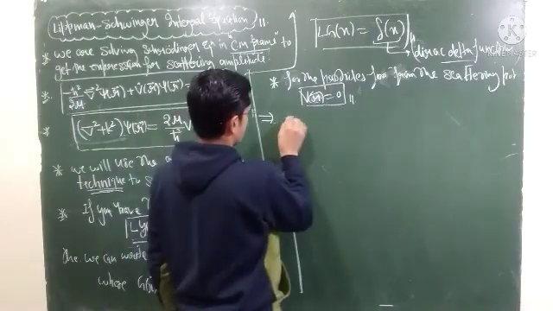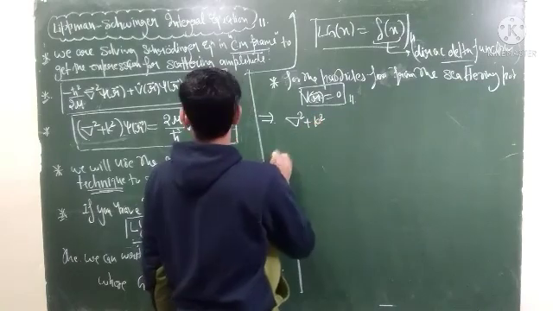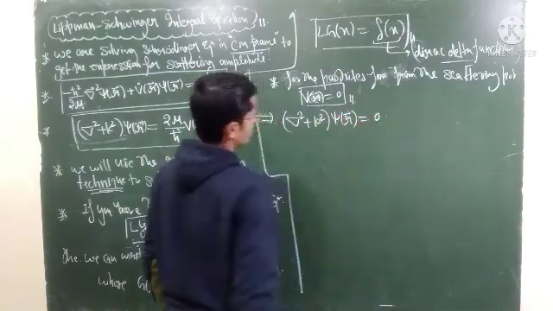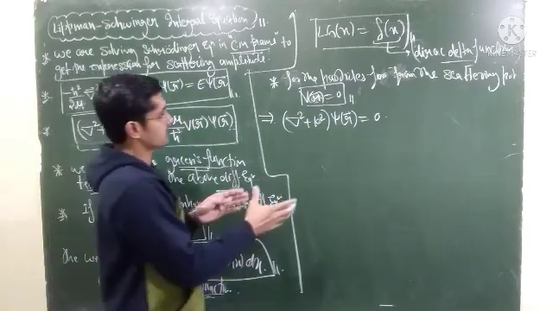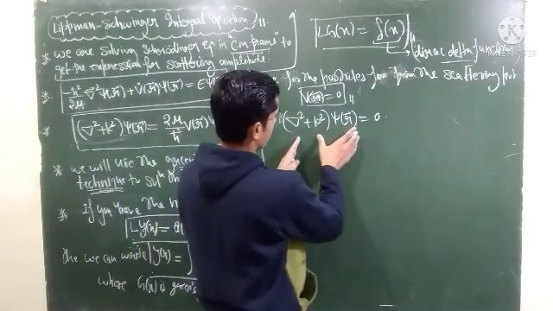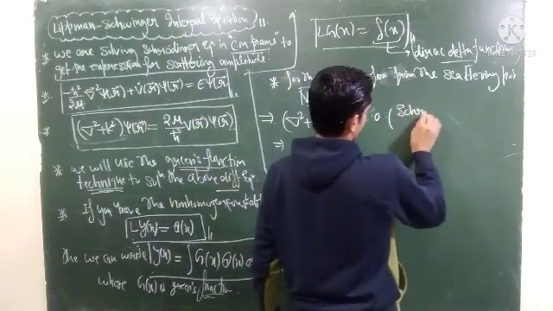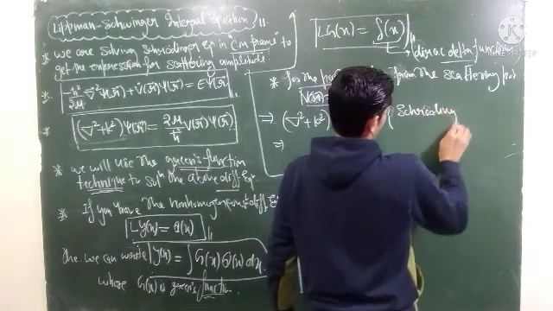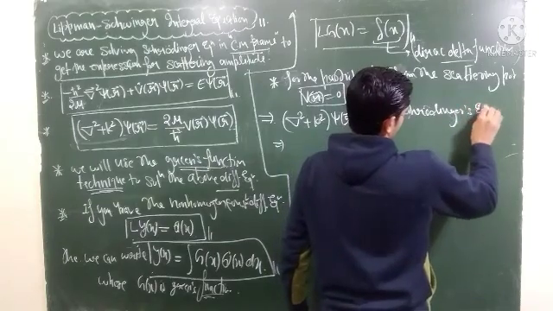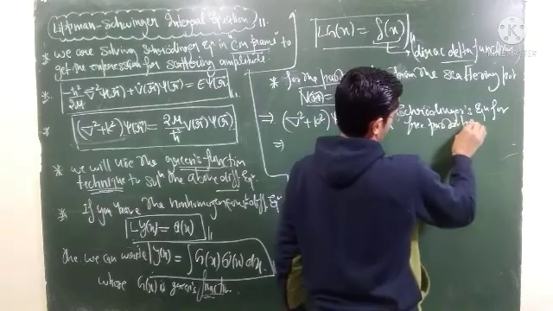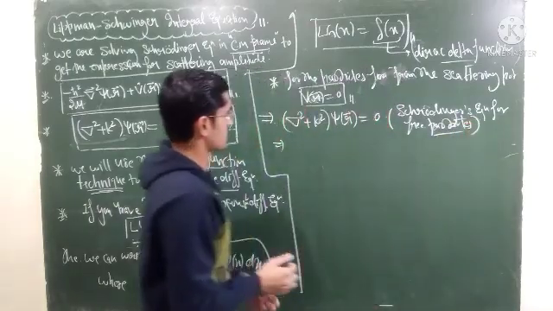The equation will be like Laplacian plus k square into psi of r is equal to 0, right? And this is the Schrodinger equation for free particle. We have seen this equation in the last lectures, right?